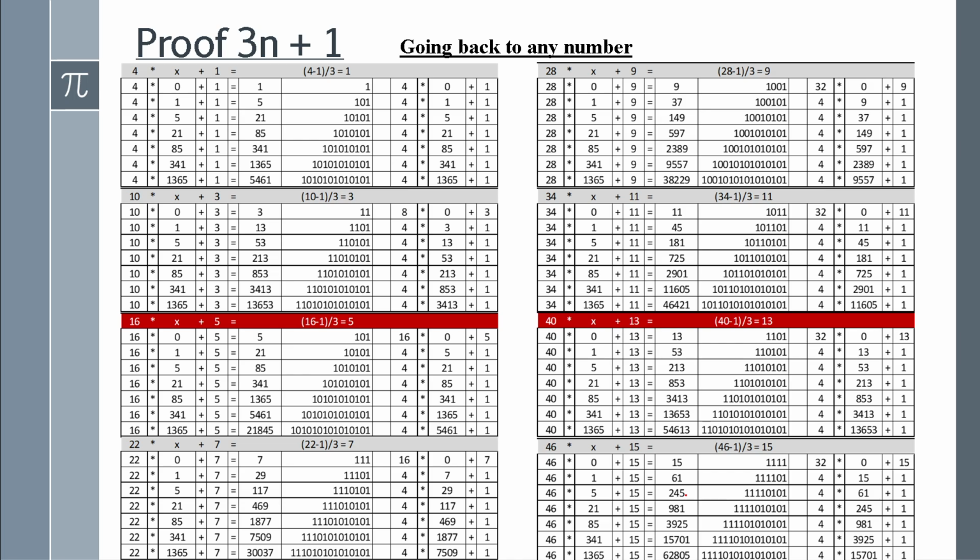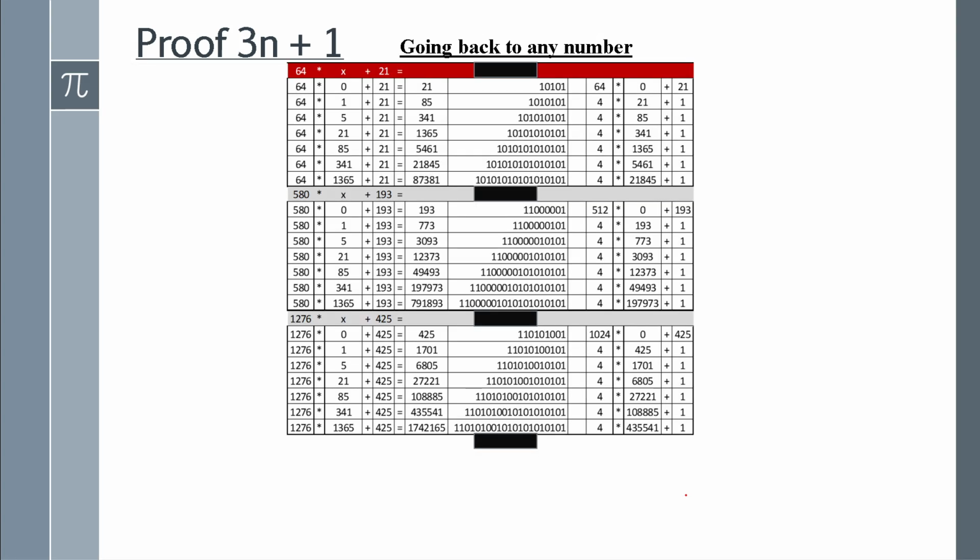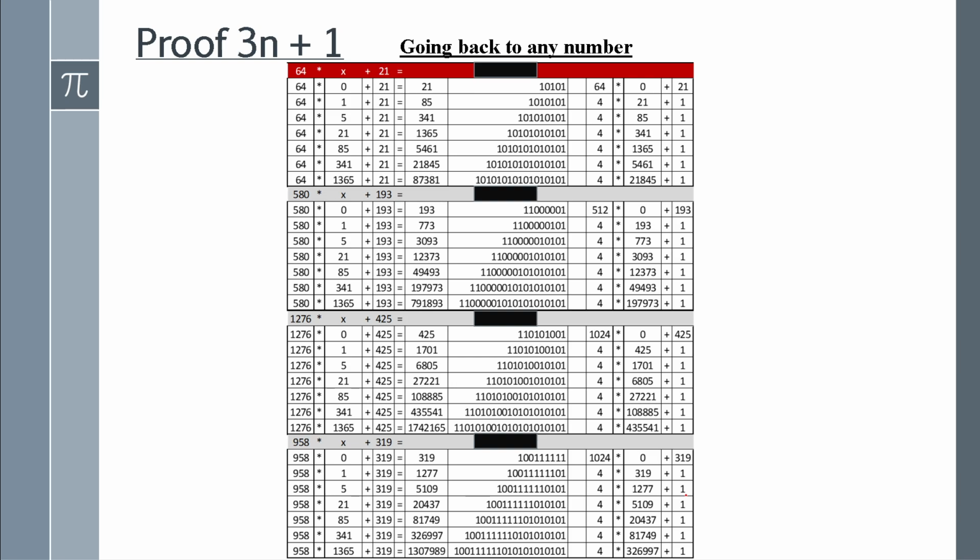So here's our first 8 numbers, but you can use that formula to find your matches. And so here's just a few more. There's 319 and 958 is its even number.